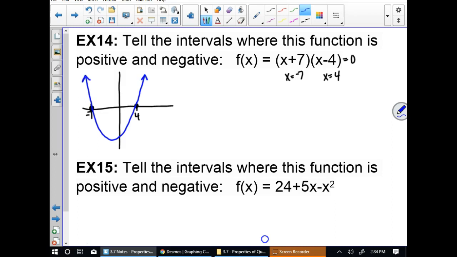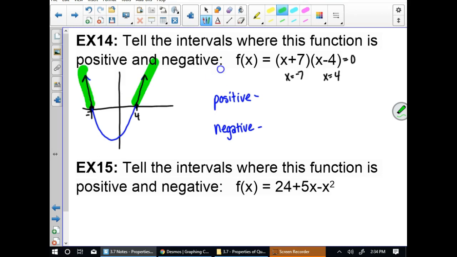So if we look at this graph, we're looking for where the graph is positive and where it is negative. Positive means the graph is above the x-axis. So that's here and here, the top half of the graph. We're given x values.